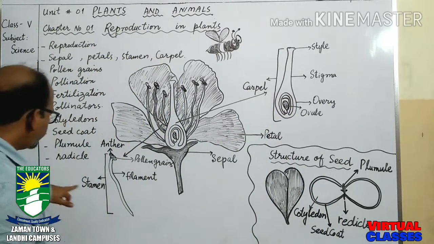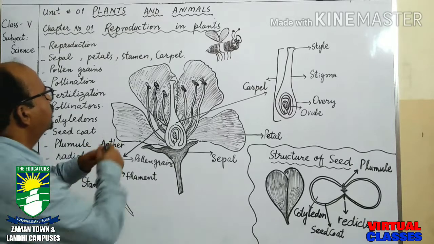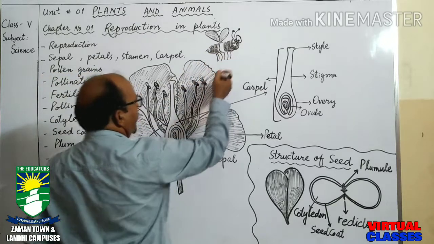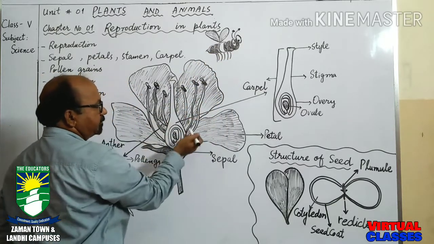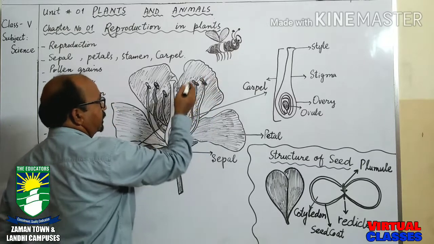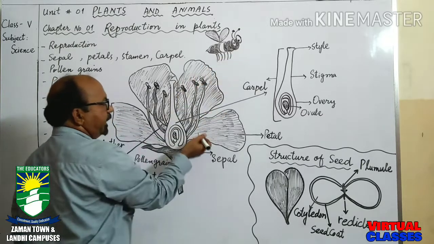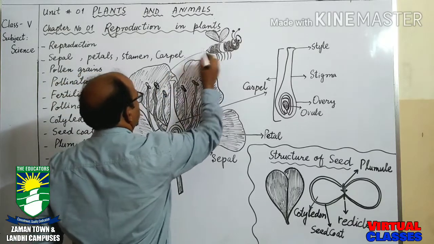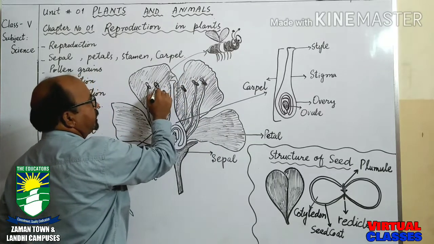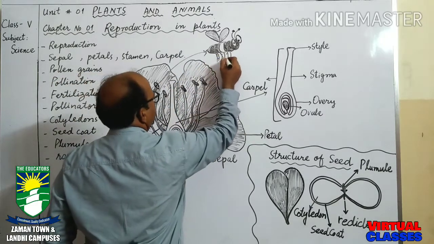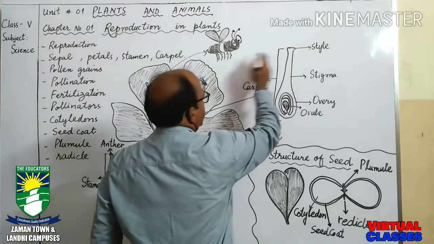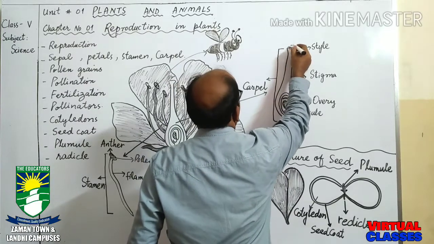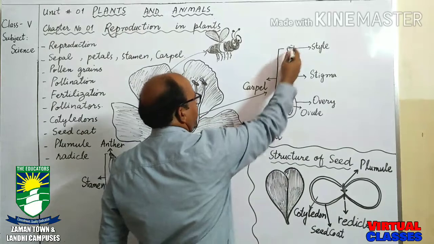Okay, now see, these are pollen grains, and different insects are attracted by the plants. These petals attract insects for the nectar. When these insects come to the flower, the pollen grains get attached to their legs, and when they sit on another flower, they transfer these pollen grains to the style, that is, the carpel.